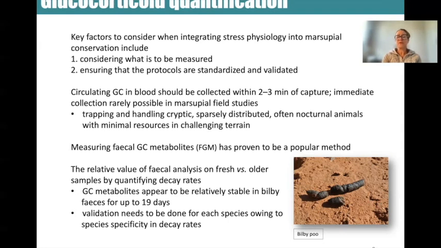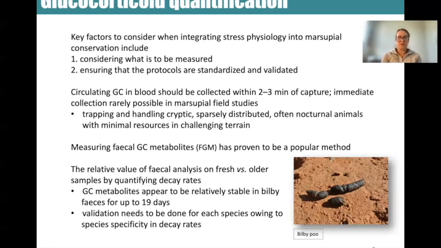But we recognise that immediate collection is rarely possible in marsupial field studies. So tracking and handling sparsely distributed and often nocturnal animals with minimal resources in challenging terrain means that it's really not often that you're going to have the opportunity to collect blood immediately upon capture.